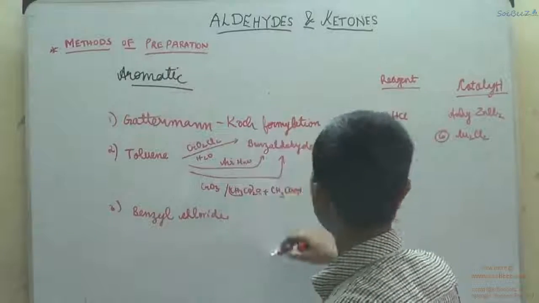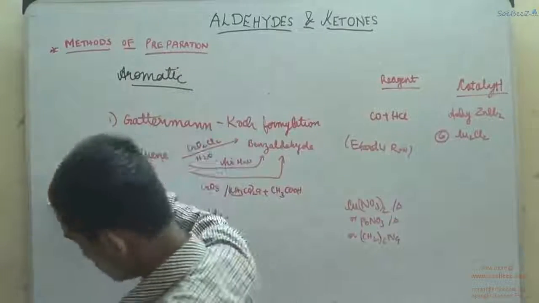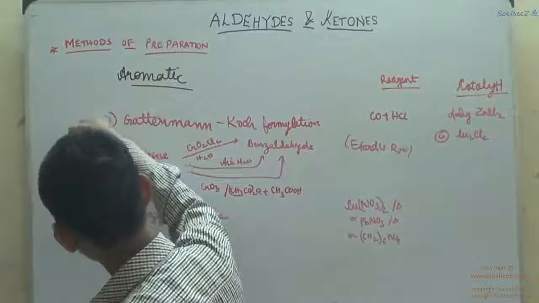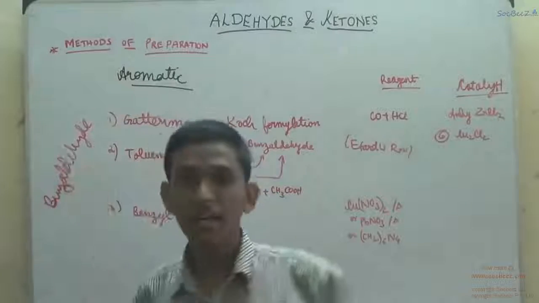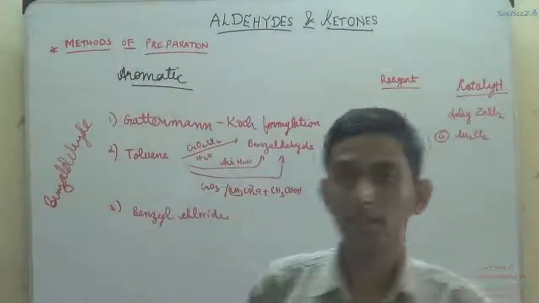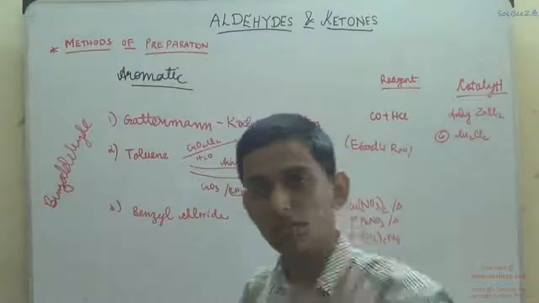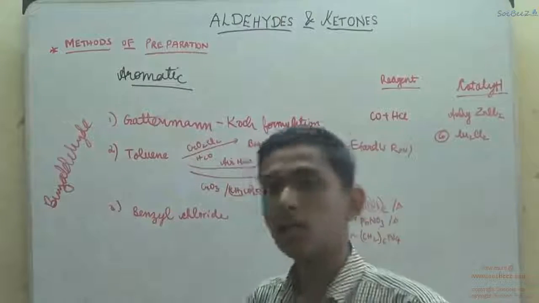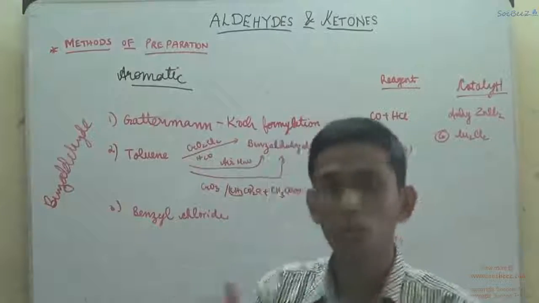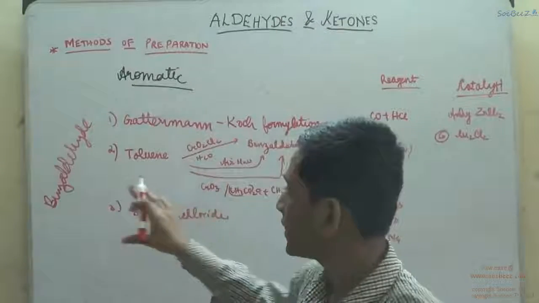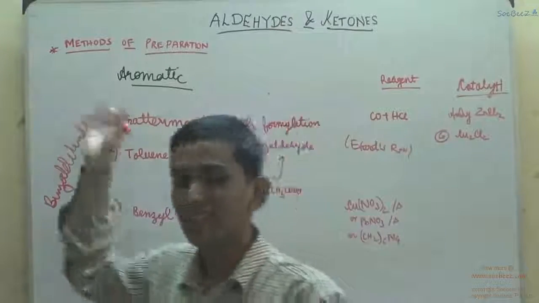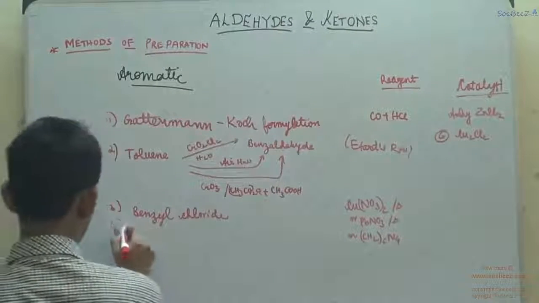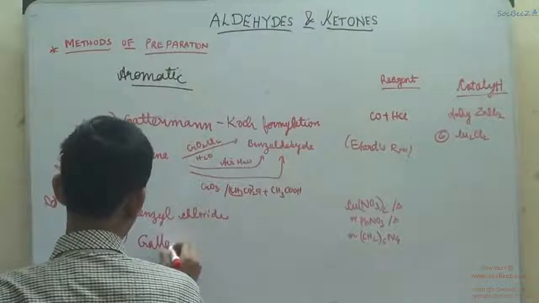So all these three will basically give you benzaldehyde or its alkyl derivative, depending upon what aromatic alkane you take, and which positions what groups are at. You will get an aldehyde which is a derivative of benzaldehyde. Then you know Gattermann formylation.